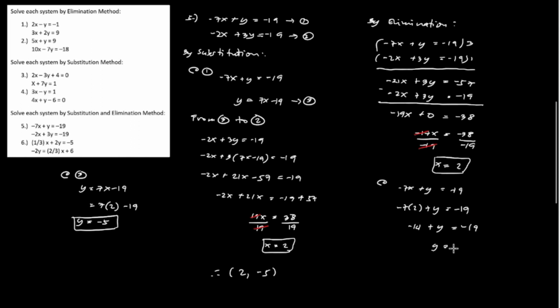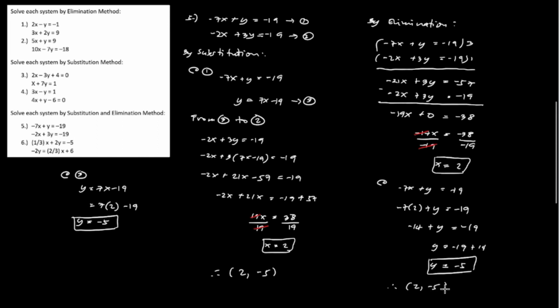And y is equal to negative 19, negative 14 changes to positive 14. And y, negative 19 plus 14 is negative 5, and this is y is equal to negative 5, and therefore x is 2 and y is negative 5.